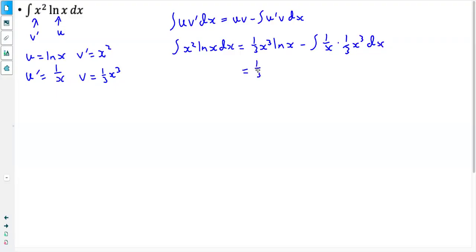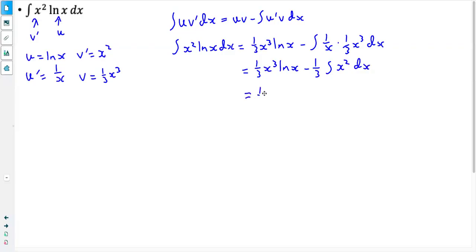So this is 1/3 x cubed times the natural logarithm of x. We can move 1/3 out front. So we've got minus 1/3 times the integral of x cubed times 1/x, which would be x squared dx.